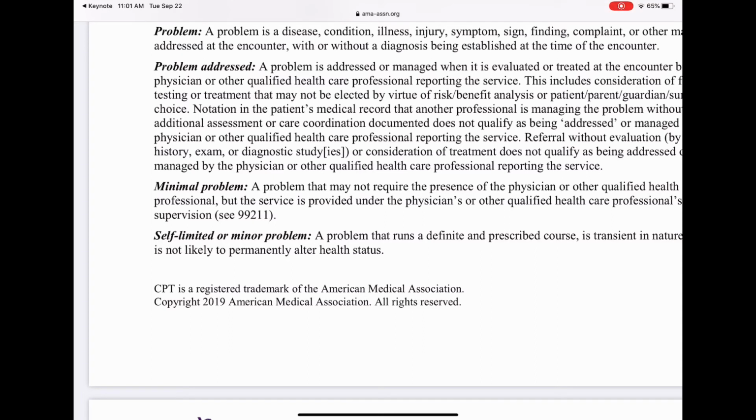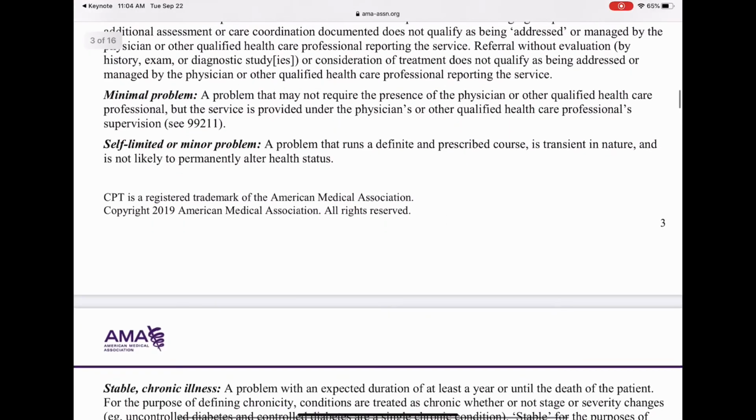And all you mention is patient has osteoarthritis and they're being seen by rheumatology, or whoever. You don't do anything, you're not going to order any labs, you're not going to prescribe any drugs, you're just mentioning that they have a condition that another provider is managing. You don't get to count that as a problem addressed. I realize that probably needs to be in your impression and plan for the sake of good medical care, but it would not be counted towards your level.